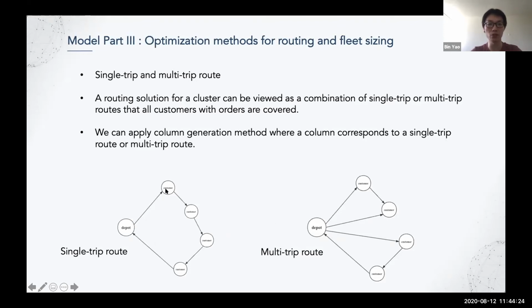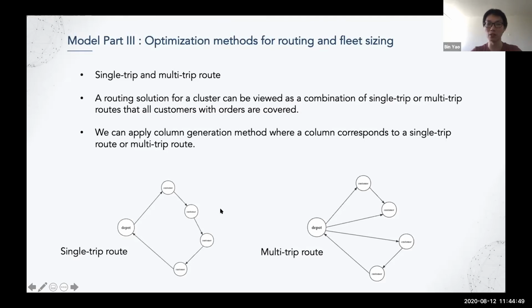Single trip basically means you can only depart from the depot and return once, while multi-trip means you can reload in the middle of the route. So routing solutions for a cluster can be viewed as a combination of single trip or multi-trip routes such that all customers with orders are covered while all constraints are satisfied.